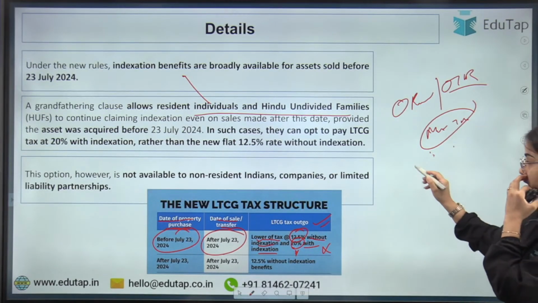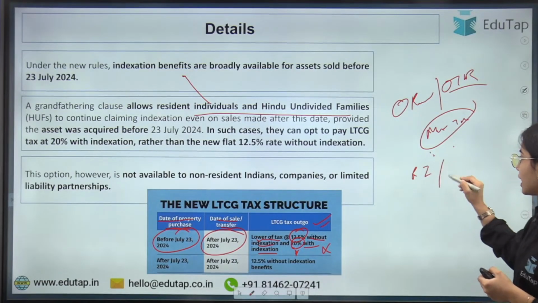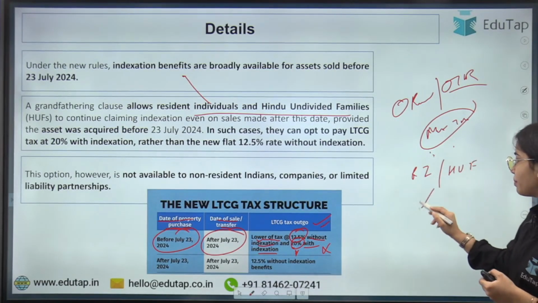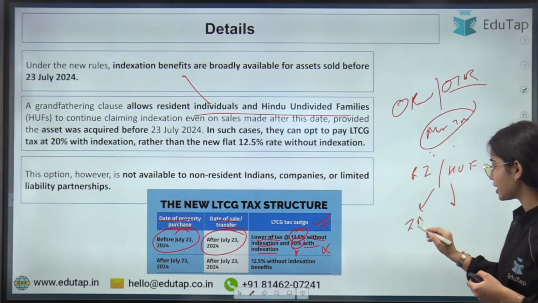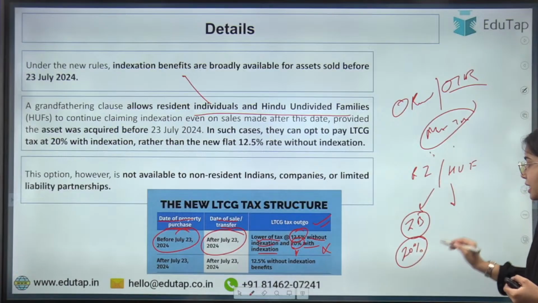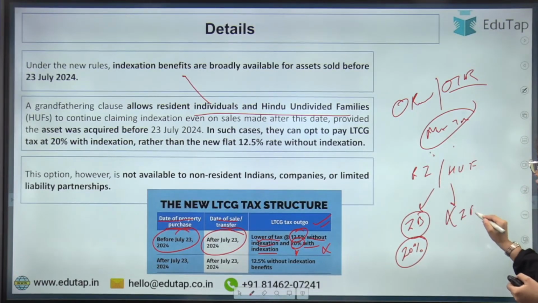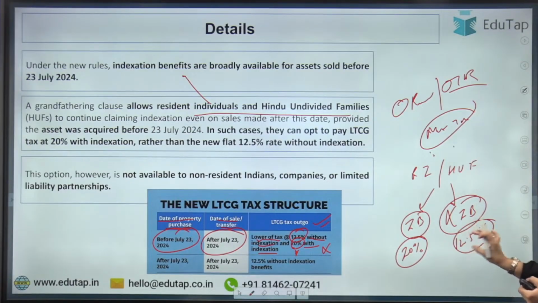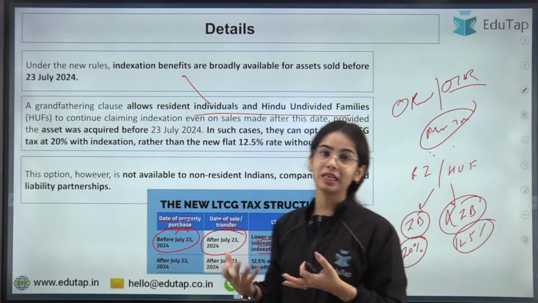Similarly, in this case also, the resident individuals and Hindu undivided families can take the benefit of the indexation, but they will have to pay 20% of long-term capital gain tax. In case they are not taking the indexation benefit, they can pay 12.5% of long-term capital gain tax.